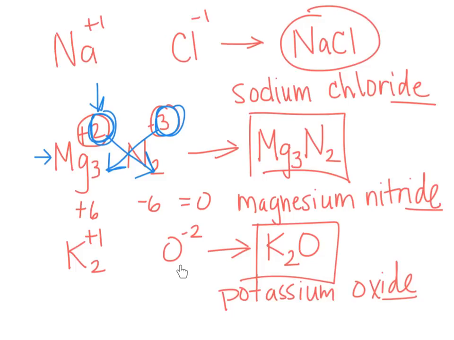So if you only need one of the elements, you do not need to put a 1. It's already implied. And then the 2 crossed over there. Okay, so that's the crisscross method. It's a little faster, but once again, as we do some more examples, I'll show you where you need to be careful when using the crisscross method.